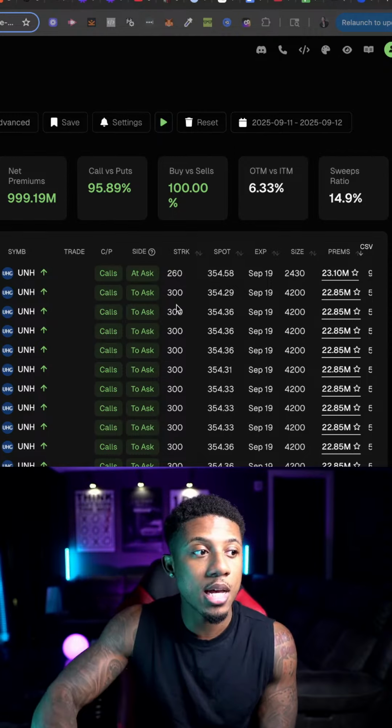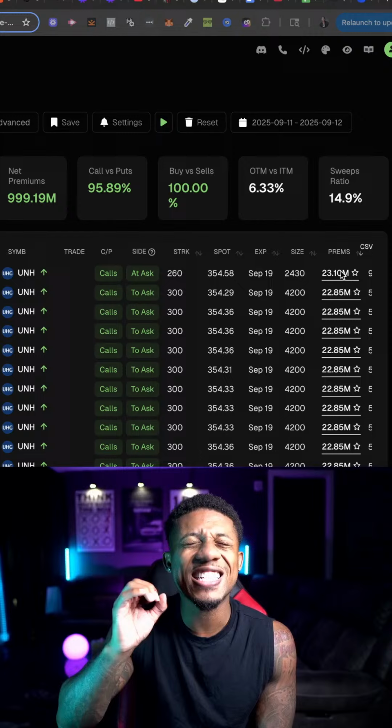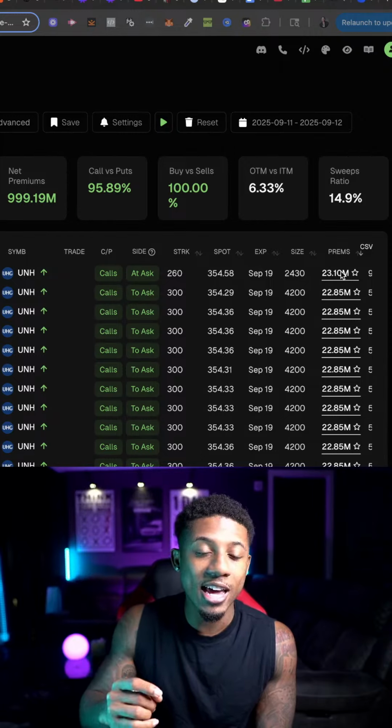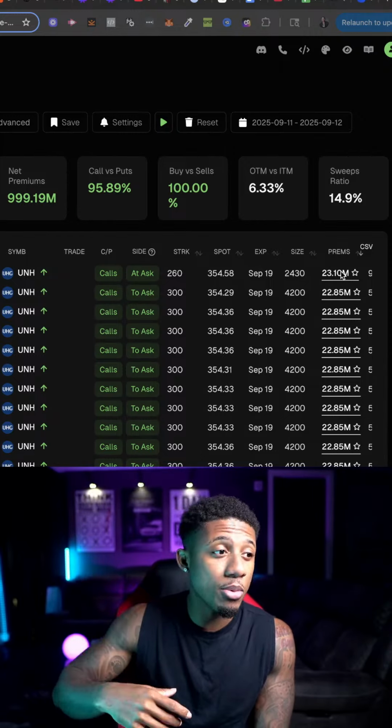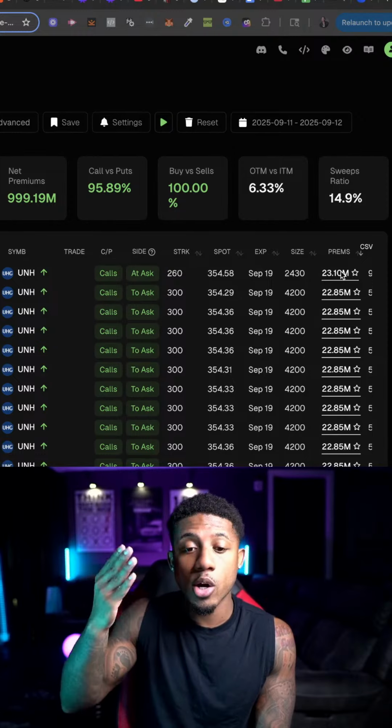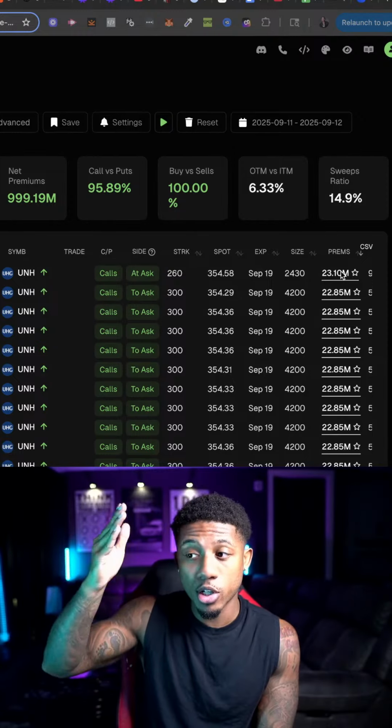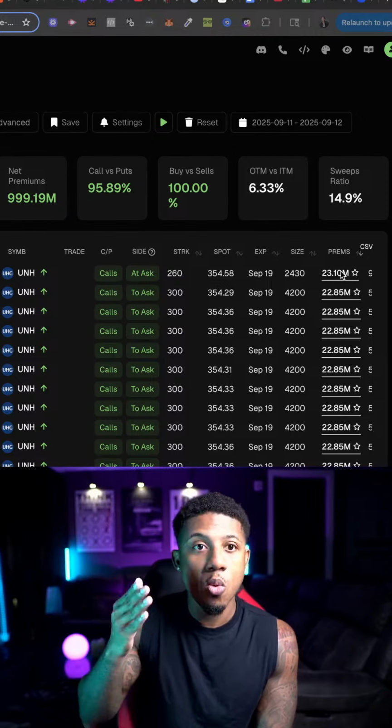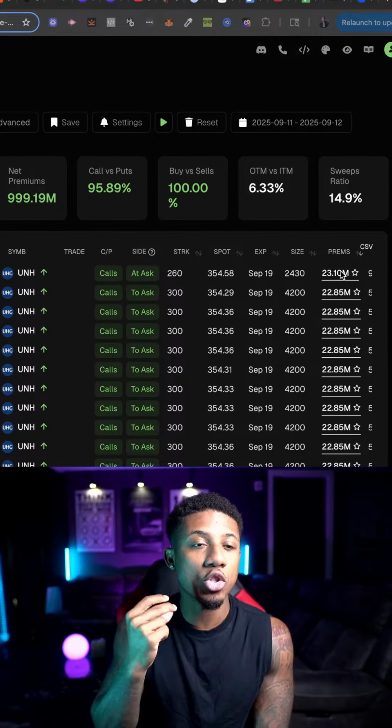I look for an insane amount of money, like $10 million, $15 million, $7 million, $3 million, $4 million, going all in a line in a particular direction, whether it's calls or puts. When I see that, I go to the chart immediately.